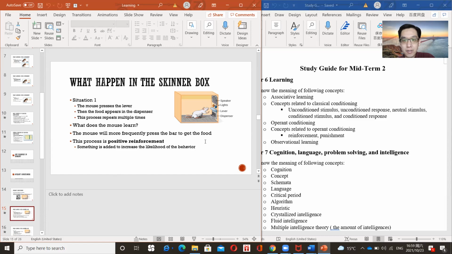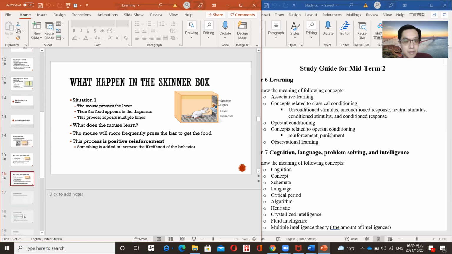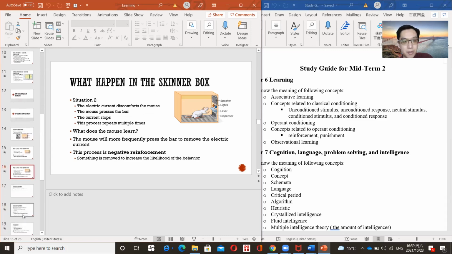It increases the likelihood of pressing the lever for that mouse. So the mouse presses the lever more and more to get the food. So the food is a type of reinforcement. Of course, there is positive reinforcement, there's negative reinforcement. You can review that. There are two kinds, but they are both something to increase the likelihood of behavior.